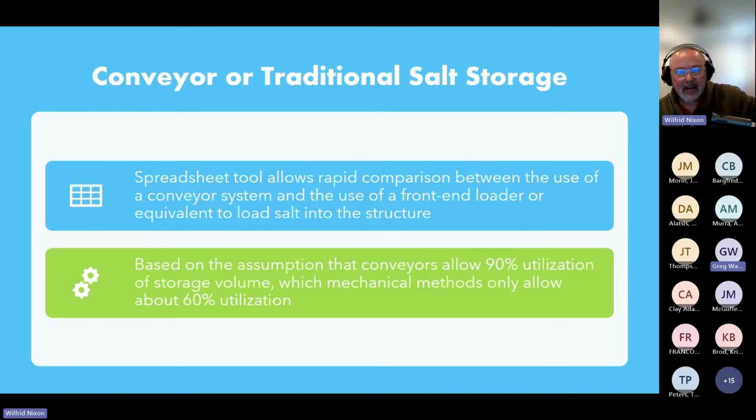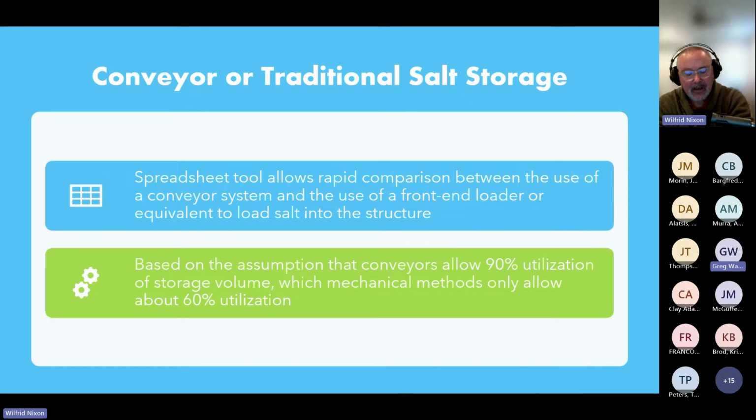In that spreadsheet tool, we do get into the question: are we using a conveyor or a traditional salt storage method? It allows you to do a very rapid comparison. You can, in essence, select one or the other, and it'll show you very clearly what difference in storage you're going to see if you use a conveyor system as opposed to traditional mechanical methods, because of that 90% utilization versus about 60% utilization.